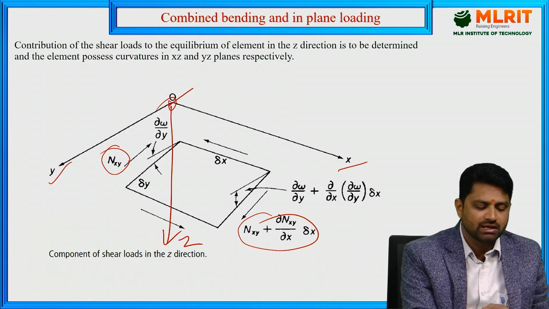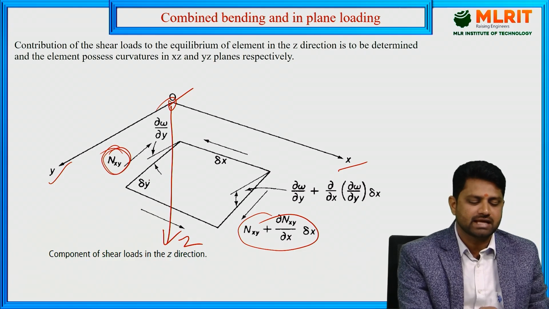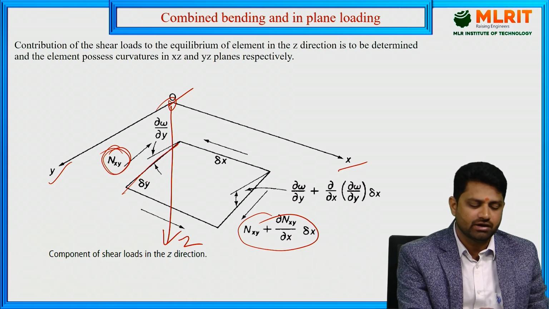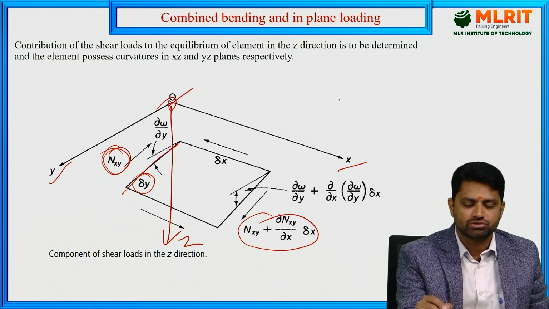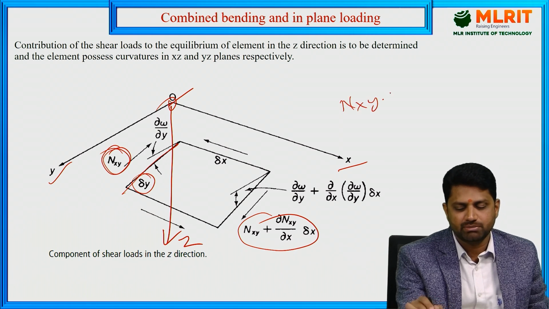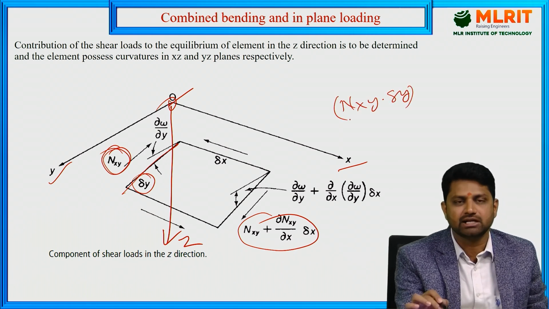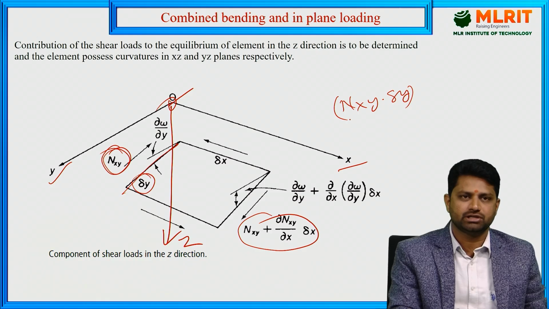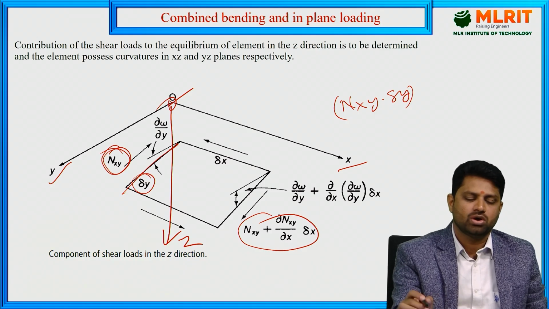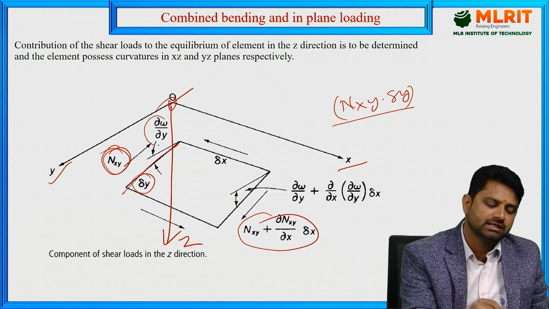For example, this Nxy shear load is acting on this vertical edge whose edge length is delta y. So first of all, Nxy should be multiplied with this delta y so that it becomes a shear load rather than shear force per unit length. After that you have to consider its component.